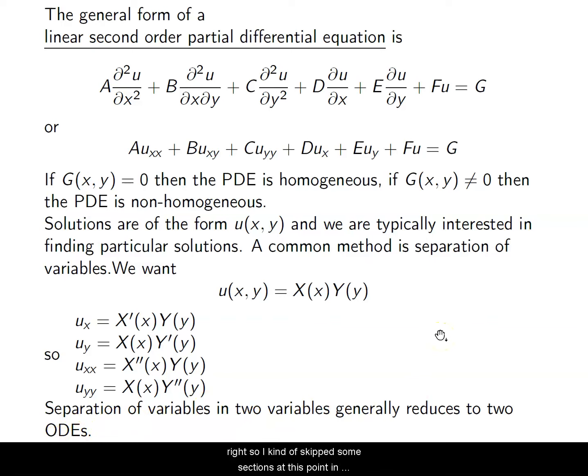So I kind of skipped some sections at this point in time to come to this chapter. But in the previous chapters, we talk about how to put those 2 separate solutions to the 2 ODEs that we're going to get and how to put them together as a solution, right?